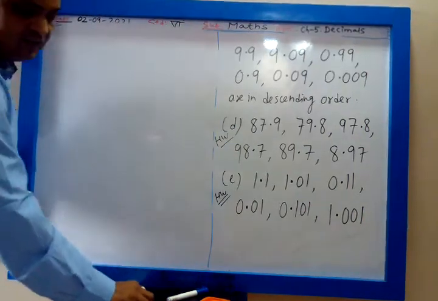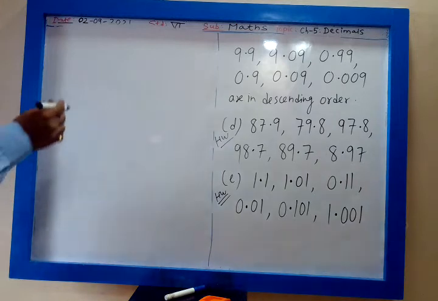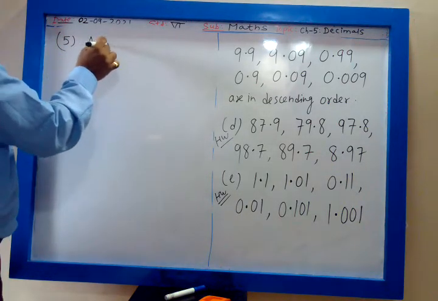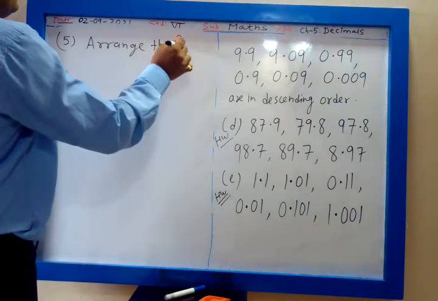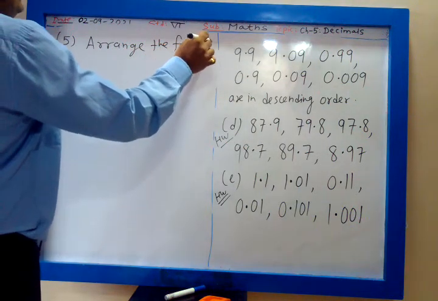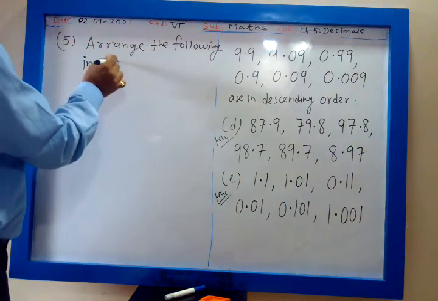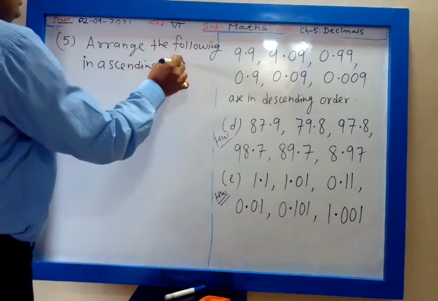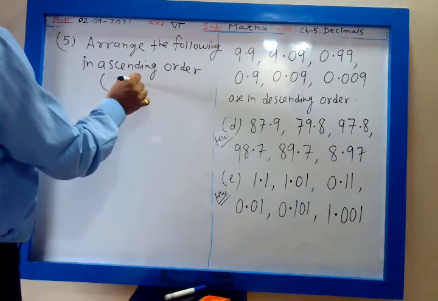So this completes descending. Now fifth one, arrange the following in ascending order. Ascending order means smaller to bigger.